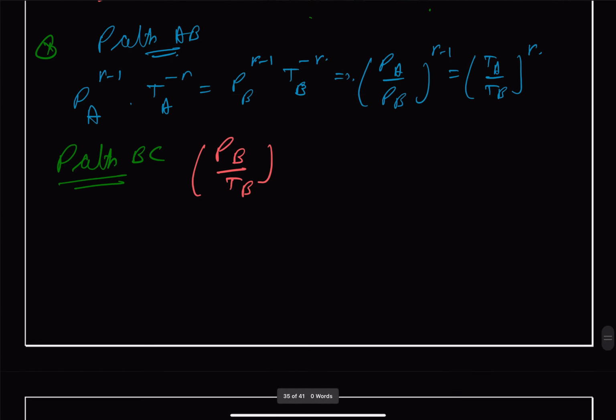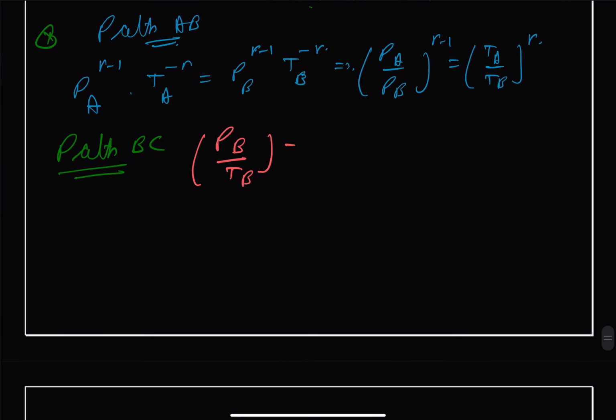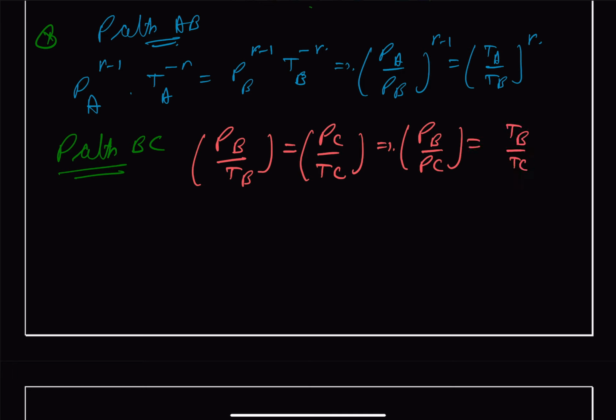So we get PB upon TB is equal to PC upon TC, and from here we can say that PB upon PC is equal to TB upon TC.